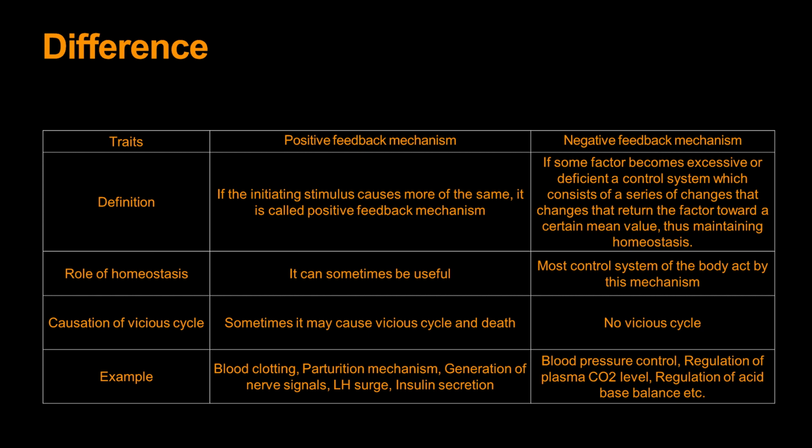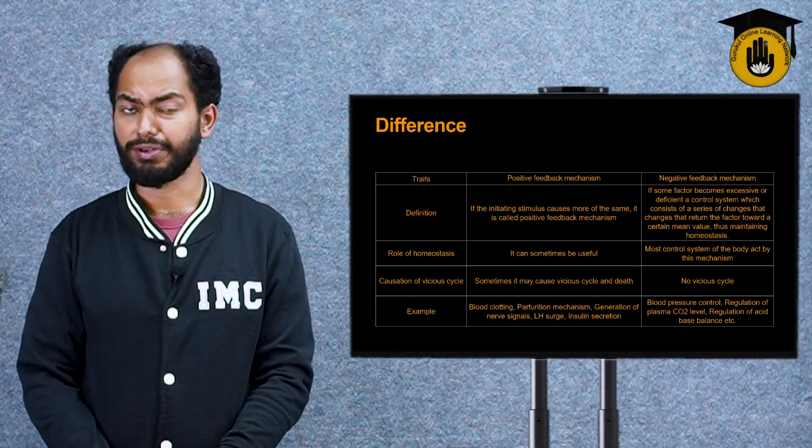So is there any vicious cycle involved in any of them? As we have discussed, the positive feedback mechanism is important, and it does very important work in our body, like blood clotting and parturition, giving birth to a child.